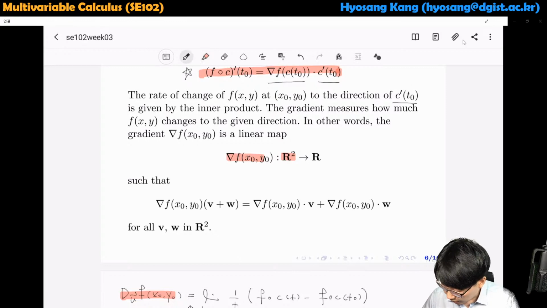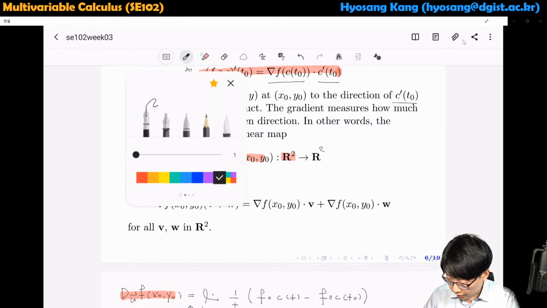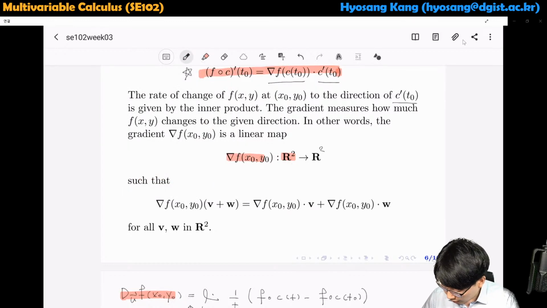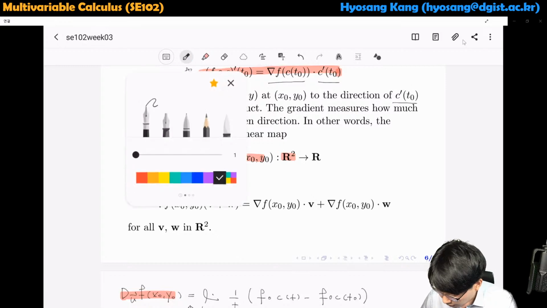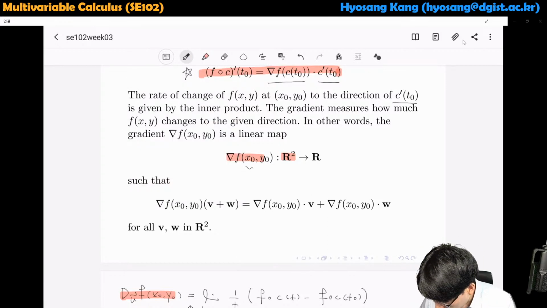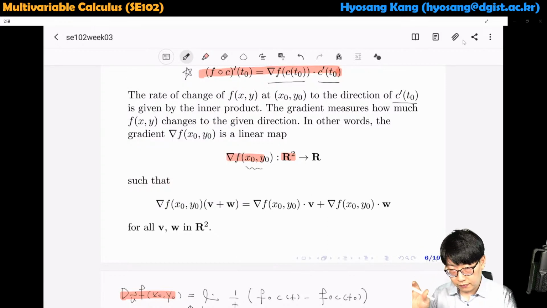Sorry, there's a missing 2 here. What I'm talking about is that you specify the point x0, y0, and you specify a gradient vector with scalar components here.